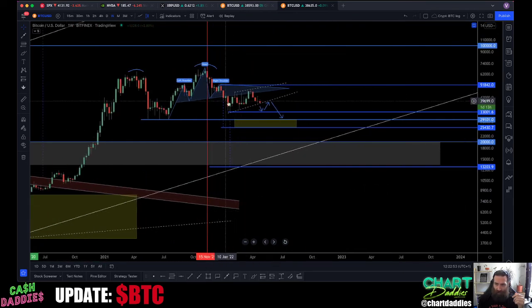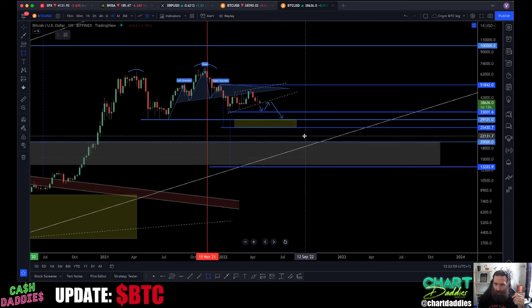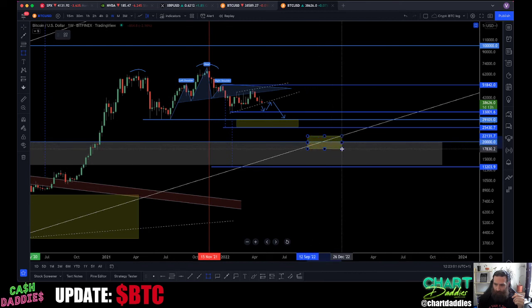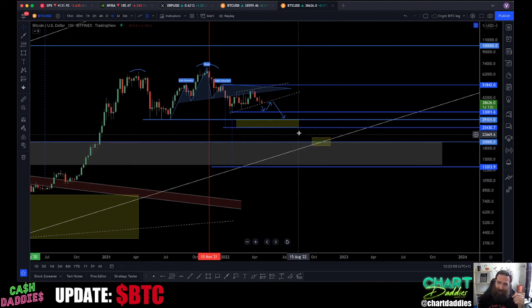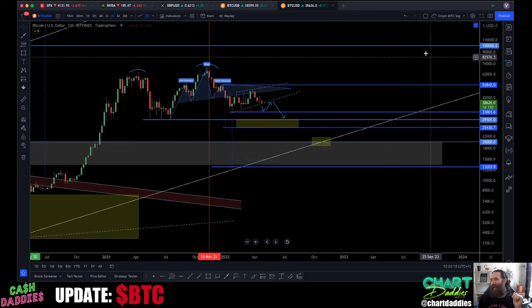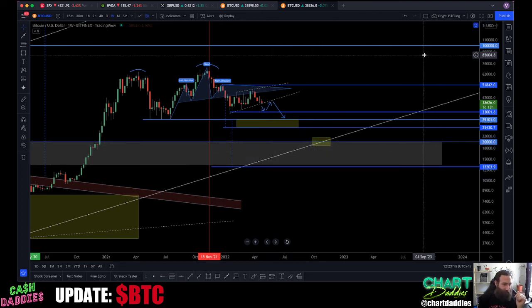And it looks like we want to sort of float on over to that 20K right here. So let's see if we can call that. That would be interesting. That'll be fun. This is a little speculative call. We're going to see if we can get the 20K to match perfectly with that channel trend line.